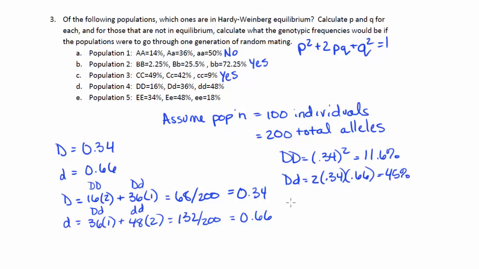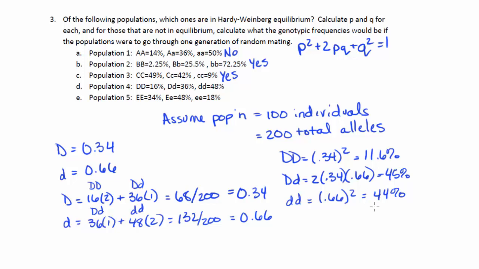And then if we look at little d, that's q squared, so it's basically 0.66 squared. And that is equal to about 44%, again, if we round. We did have some rounding in there, which makes the numbers a little bit different.